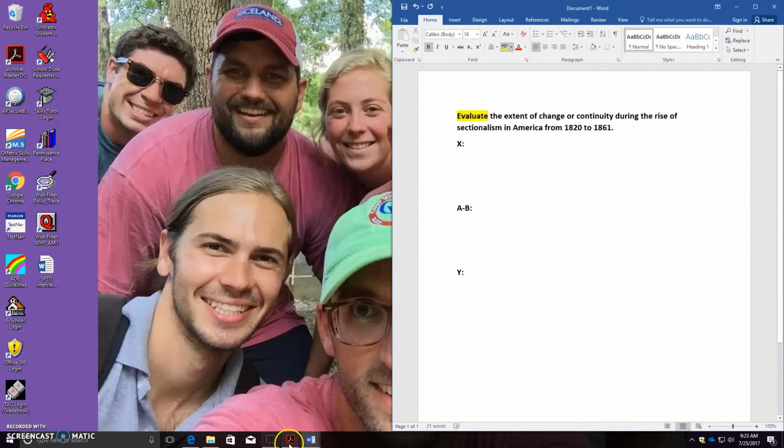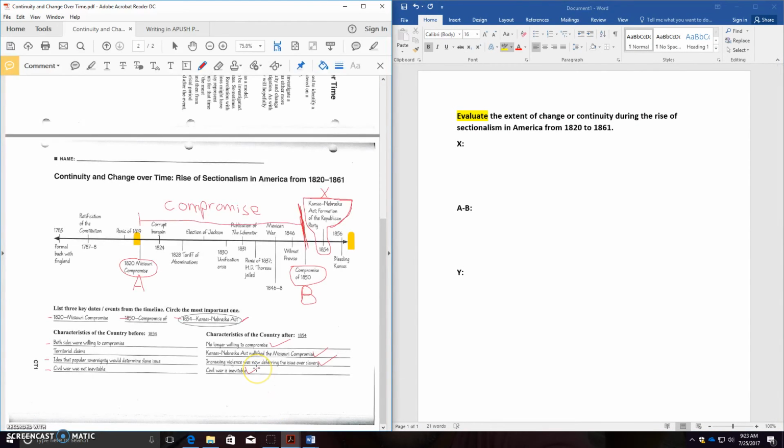So we are making judgments here about whether there is more continuity, things stay the same, or more change. And we decided that even though there's a lot of change going on, they were still able to compromise for the majority of this time period. So my X statement will look like this.